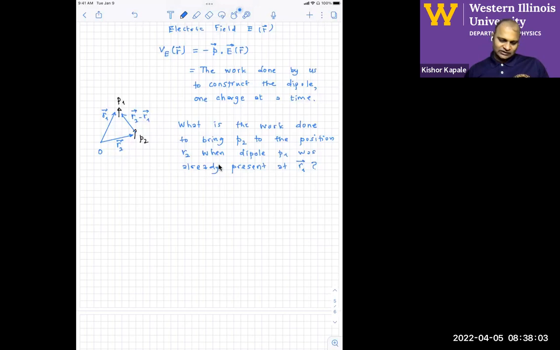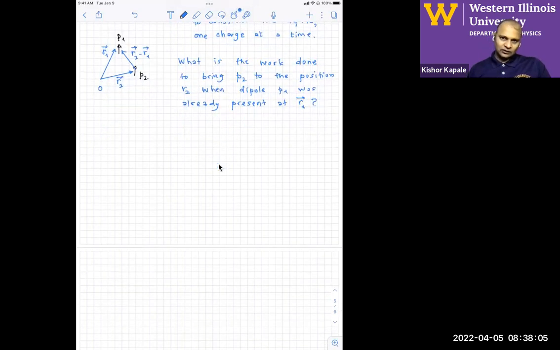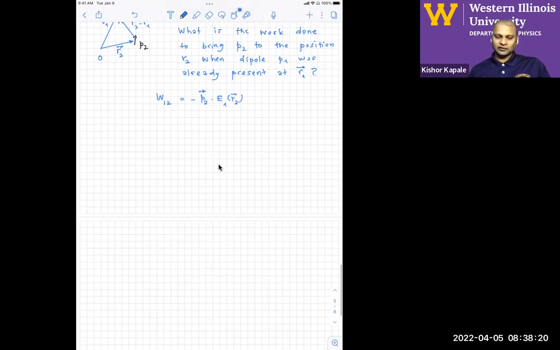So that's easy to see. So what we basically need is, the work done 1, 2 is going to be equal to negative P2 dotted with the electric field. P2 is the new dipole that's coming into the electric field created by the first dipole at the position R2. So that would be the work that we would do.